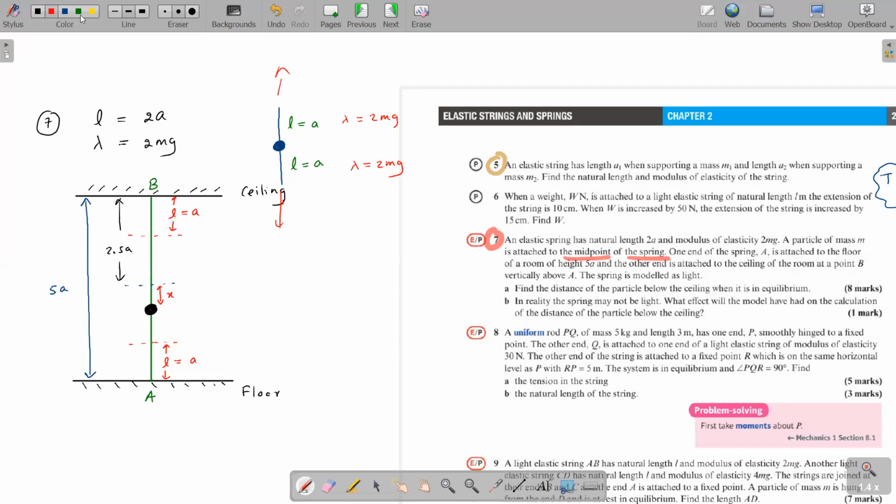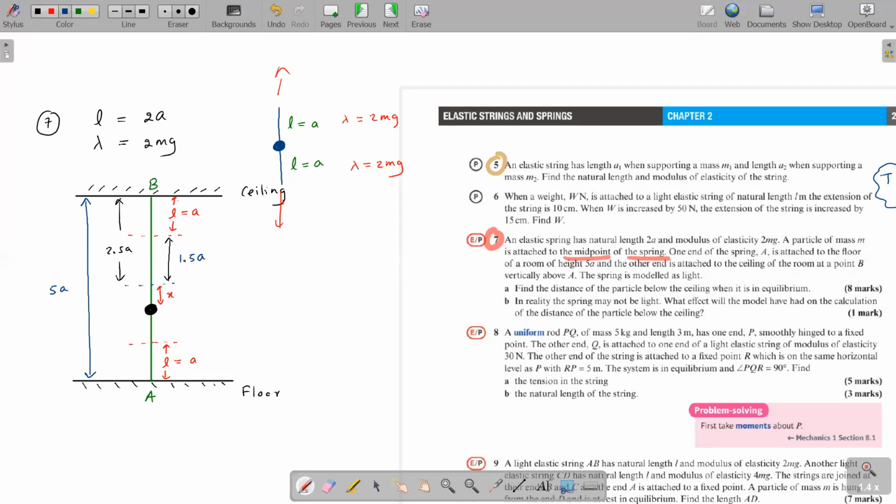You can see this is the midpoint. The whole length is 2.5A, so from 2.5A, if you subtract this 1A, you get this distance: 1.5A.